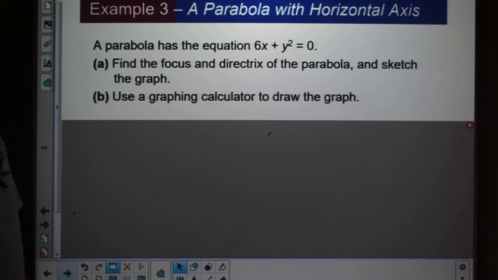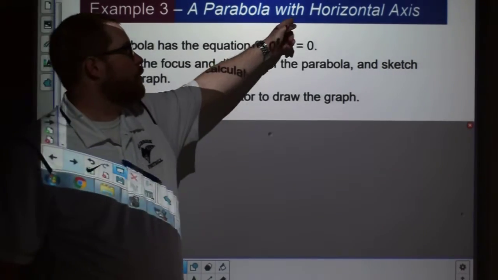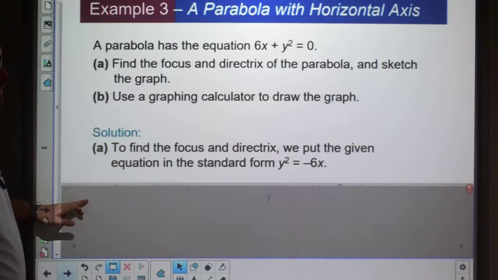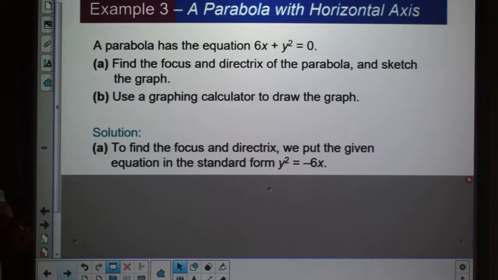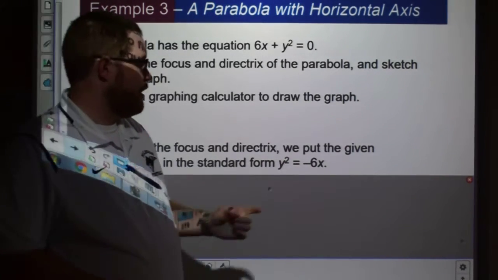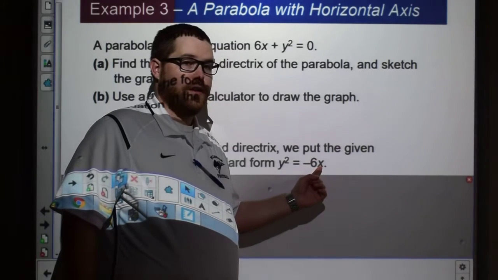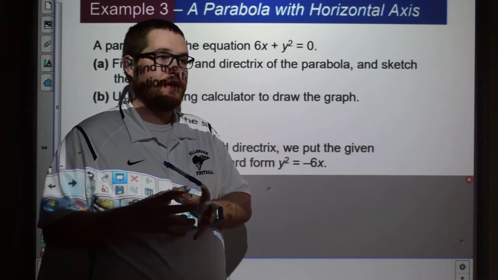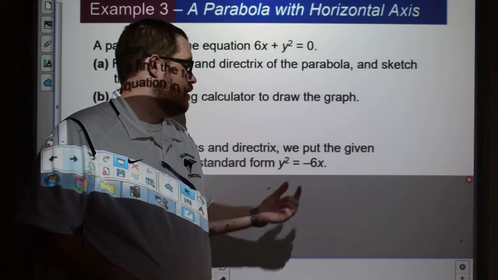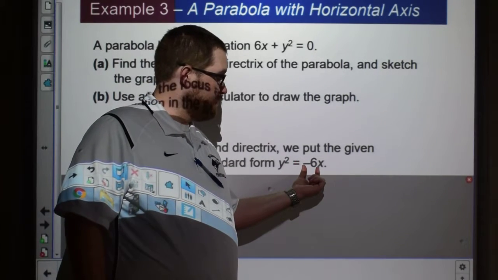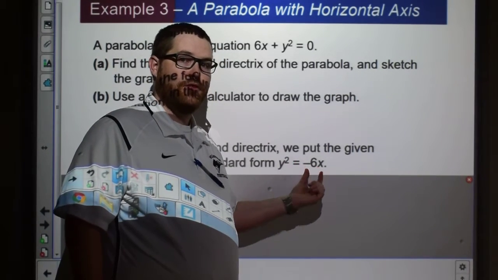So let's try one. Well, what's wrong with this equation right now? It's not y squared equals or x squared equals. So I need to get it to be y squared equals. So I'll subtract this 6x over. This makes it negative 6x. Because this is the variable without a square, I know that my focus and my directrix are going to be x values. To find the focus, I take whatever number's in front of the single variable and divide it by 4.